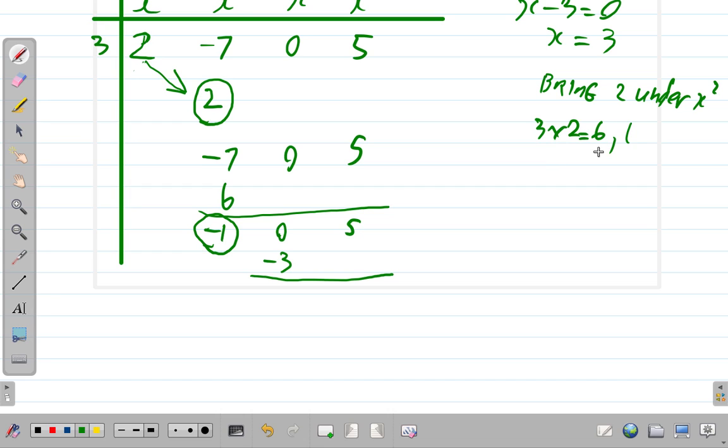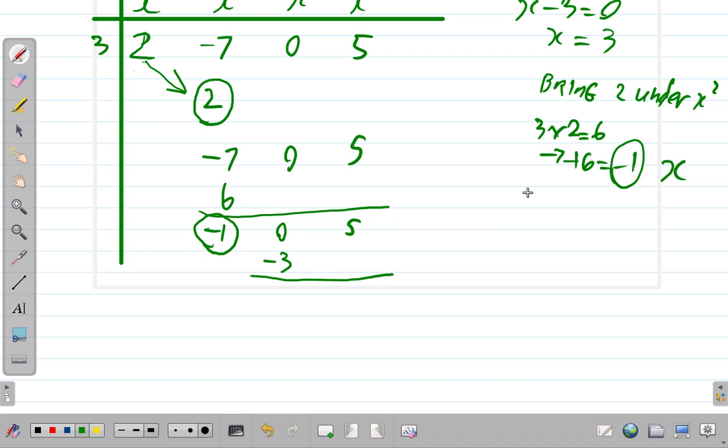And you say negative 7 plus 6 is equal to negative 1. Negative 1 will multiply x.